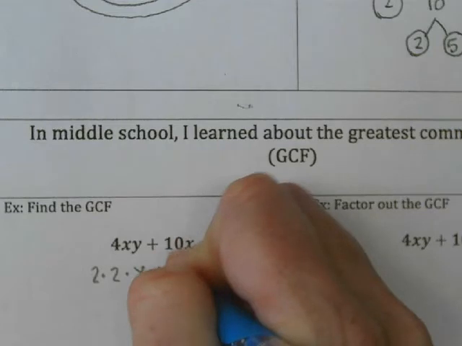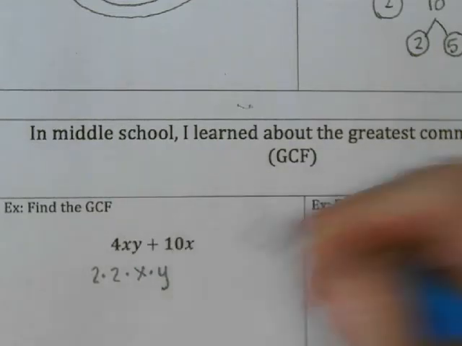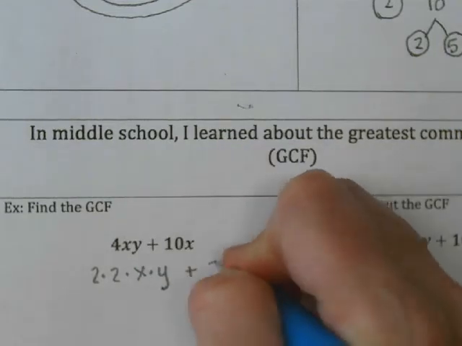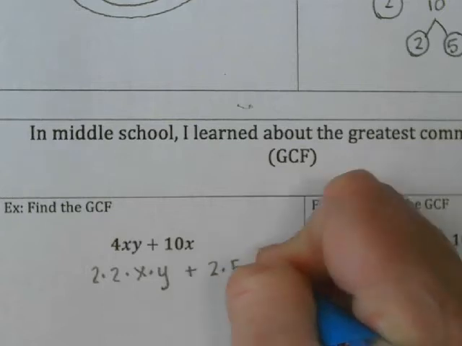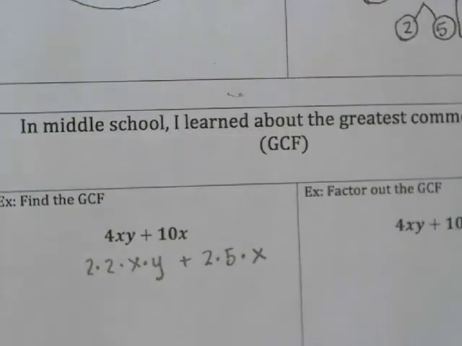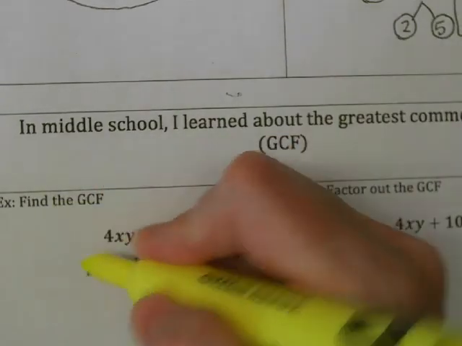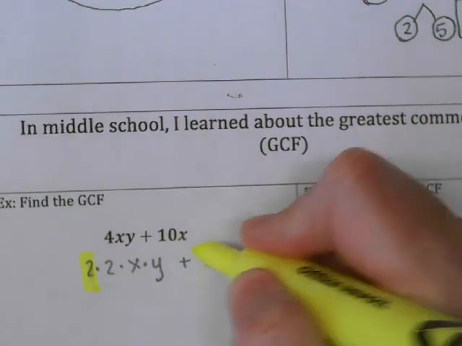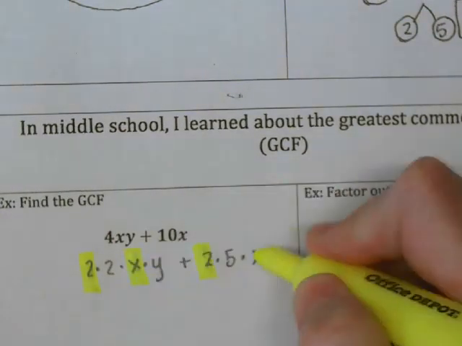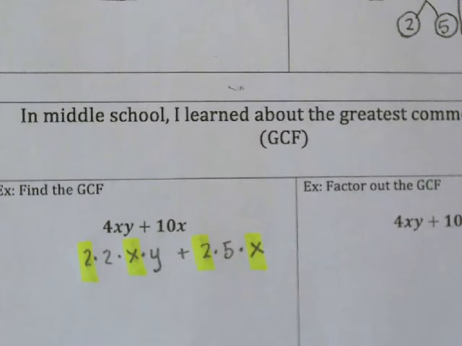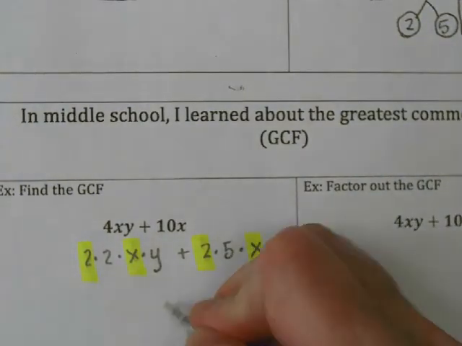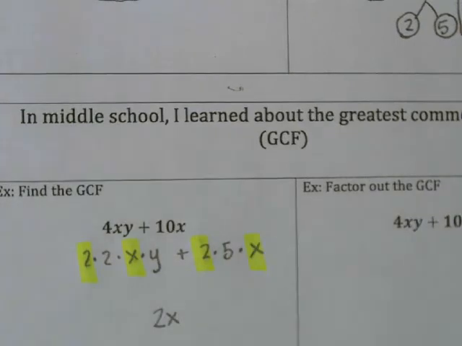You could have said, well, 4xy is 2 times 2 times x times y, and 10x is 2 times 5 times x. Then we would have said, okay, what are the biggest things that they have in common? Well, they both have a 2, and they both have an x. That's it. That's the greatest common factor. So we would have said 2x.